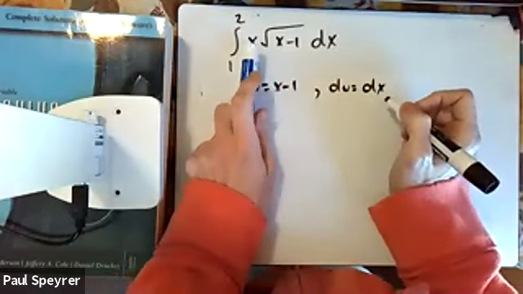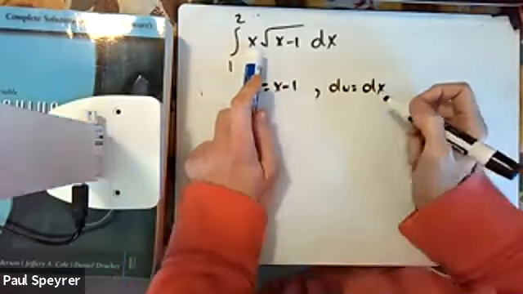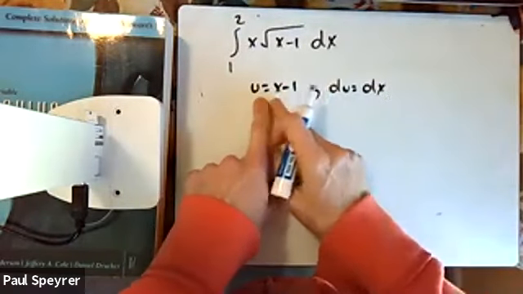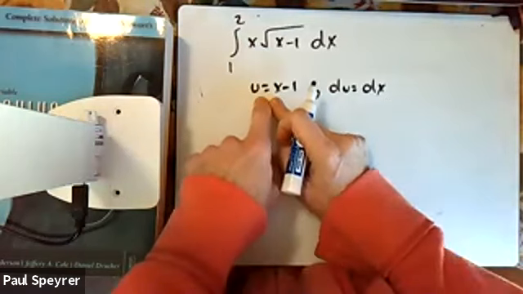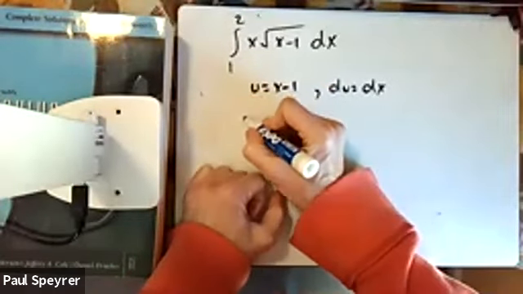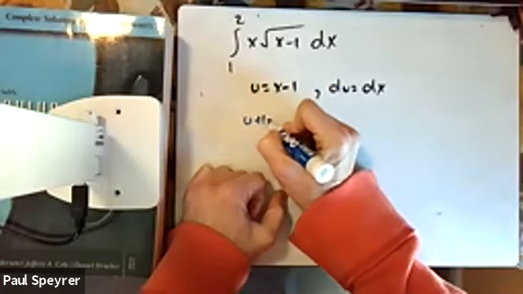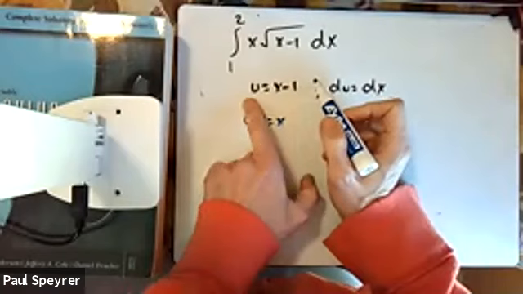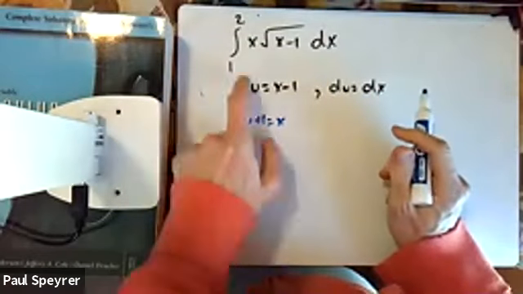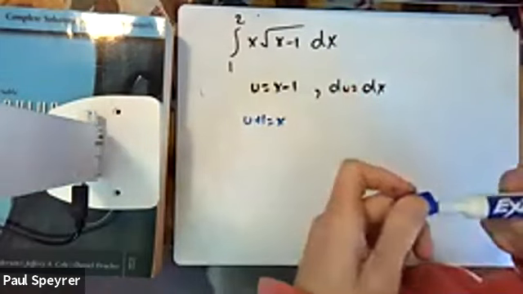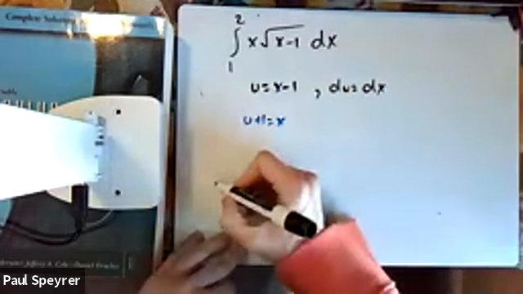But as far as this x right here, what are we going to do? Well, that manipulation was where we took our u equation that we created and we're going to solve it for x, right? We can say right here that u plus 1 is equal to x. What did I do? I just added 1 to both sides to get to here. And we're going to use all 3 of these when we rewrite our integral in terms of u.